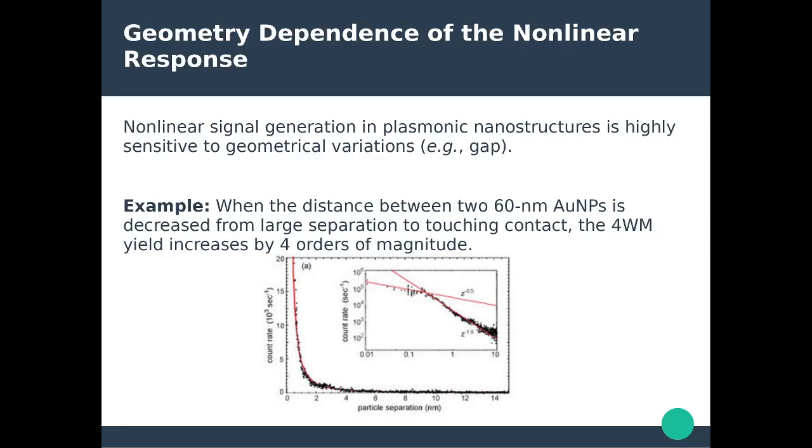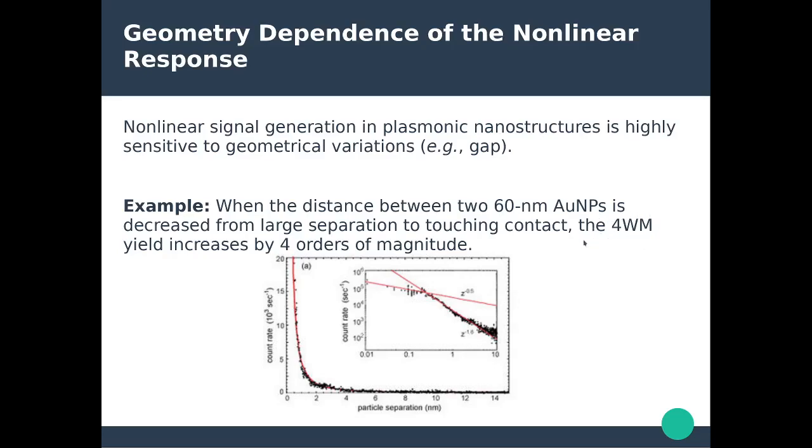If you have a gap in a dimer, you really change the amount of electric field in the gap when you change the gap distance, and therefore you strongly impact the amount of polarization you generate from those nonlinear effects. This is a simple example of two gold nanoparticles of 60 nanometers in diameter each, and this study was done for this particular case.